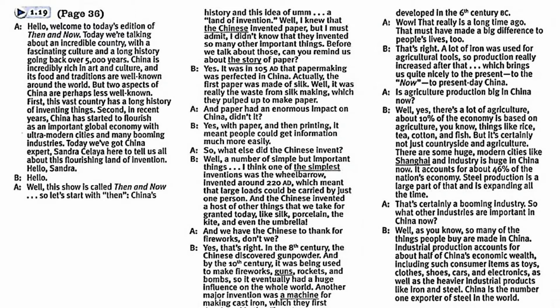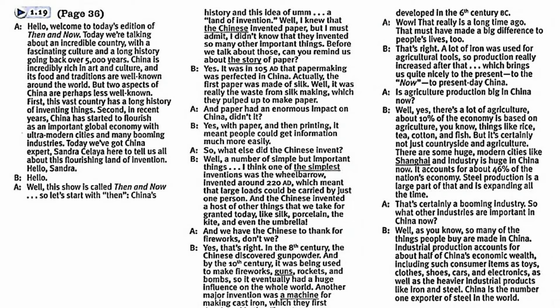Which brings us quite nicely to the present, to the now, to present-day China. Is agriculture production big in China now? Well, yes. There's a lot of agriculture. About 10% of the economy is based on agriculture. You know, things like rice, tea, cotton, and fish. But it's certainly not just countryside and agriculture. There are some huge modern cities like Shanghai. And industry is huge in China now. It accounts for about 46% of the nation's economy.